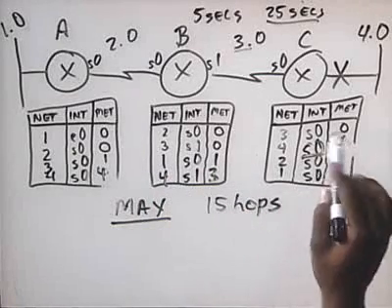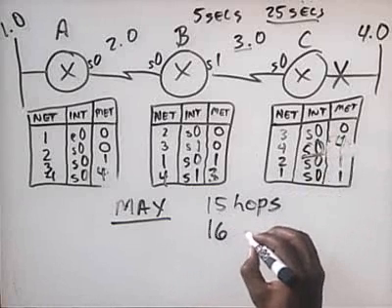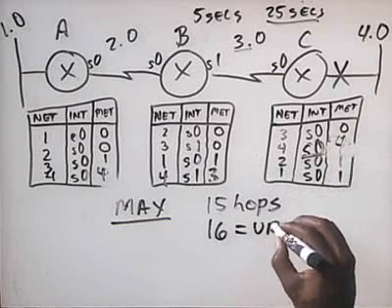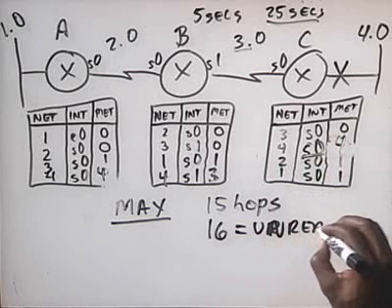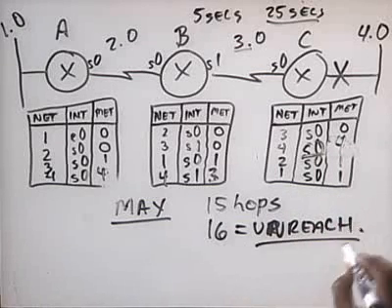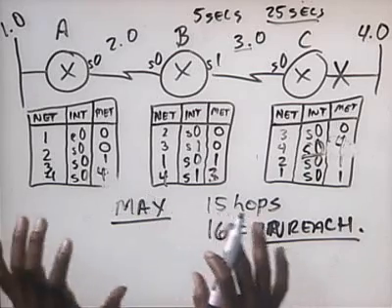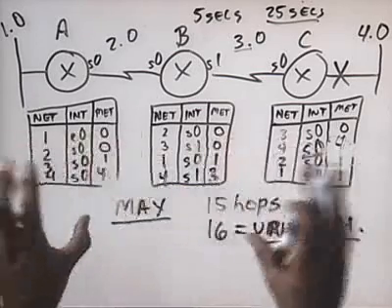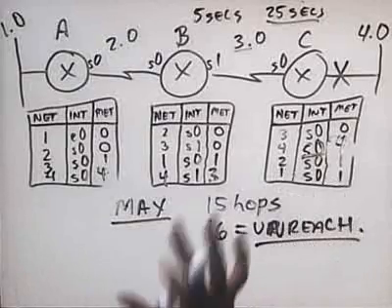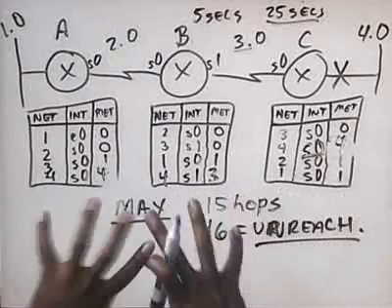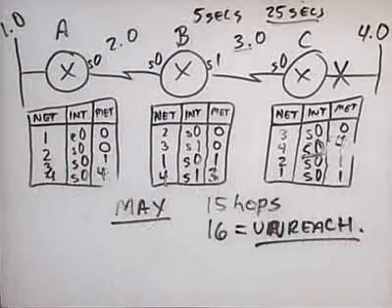That means if the metric ever reaches 16, the network is considered to be unreachable. So that's defining a maximum. That keeps this counting to infinity problem from occurring. That's one solution. Now keep in mind, all of these solutions are implemented together.